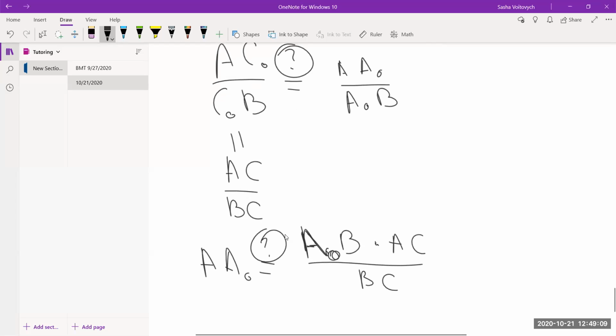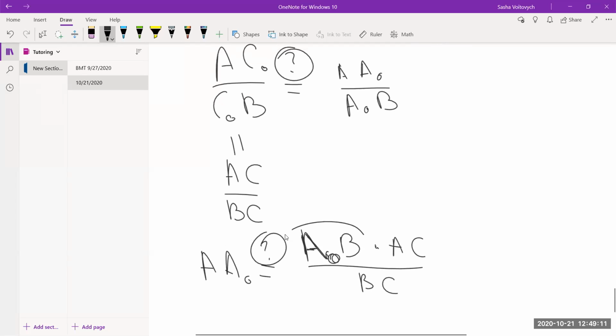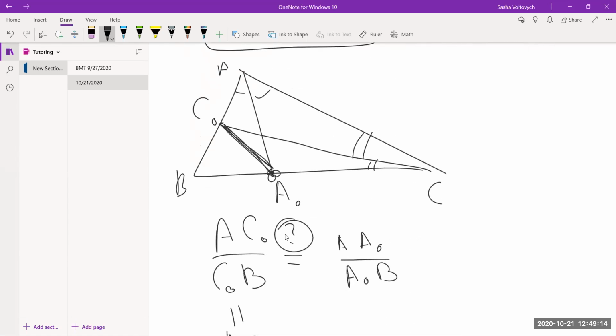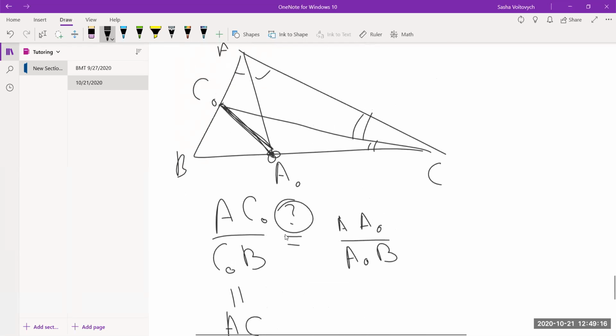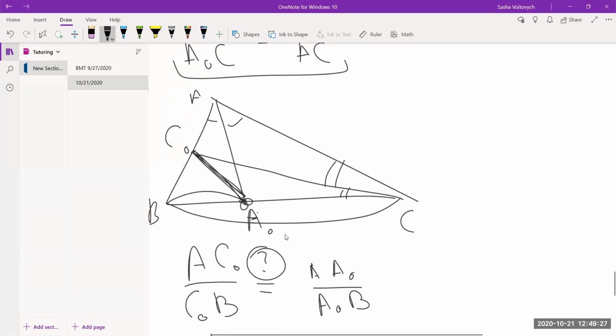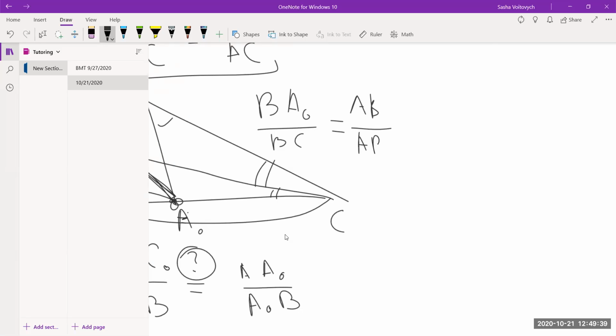Okay, so let's get rid of this guy, A0B. What is A0B over BC? Again, A0 is not a random point. It is a point where the bisector intersects the side. So then BA0 over BC is going to be AB over AB plus AC.